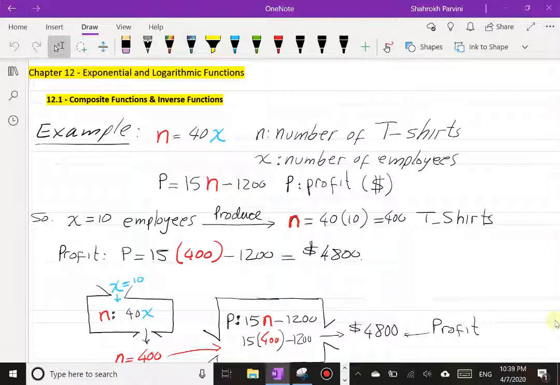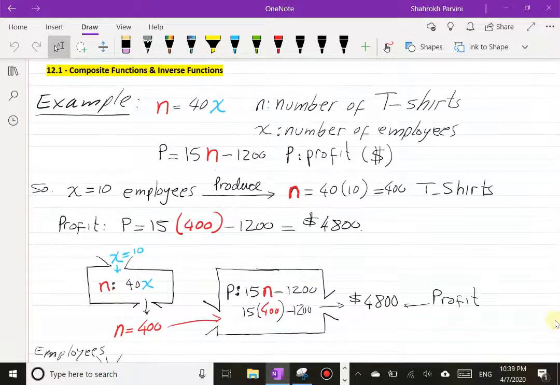Now here, before we actually talk about composite functions, I have made up an example. In this example, we have two functions. The first function is n equals 40x. This looks like an equation. Here, n is the number of t-shirts, and x is the number of employees.